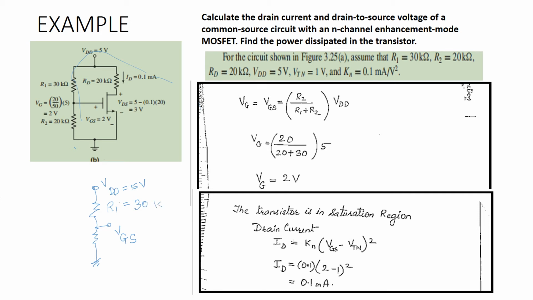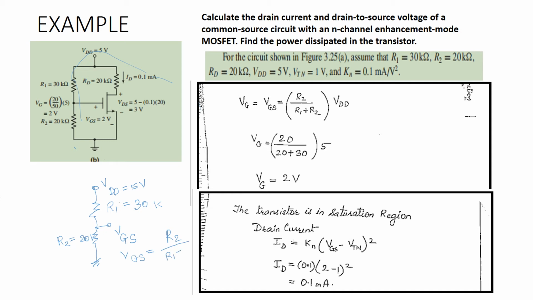Here the value of R1 is equal to 30K, and the value of R2 is equal to 20 kilo ohms.